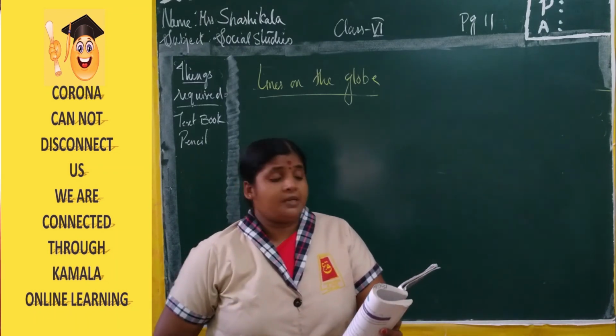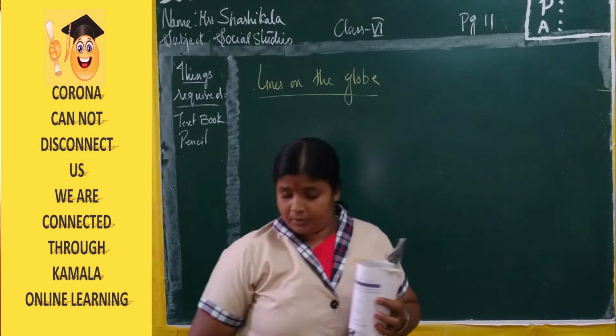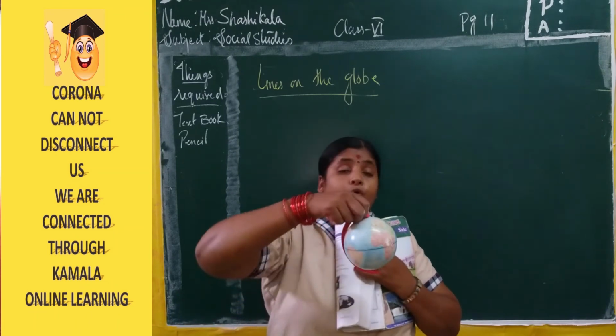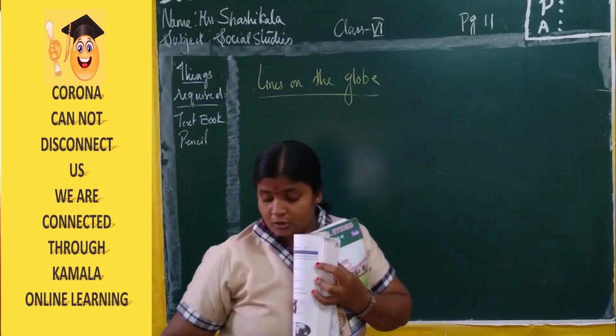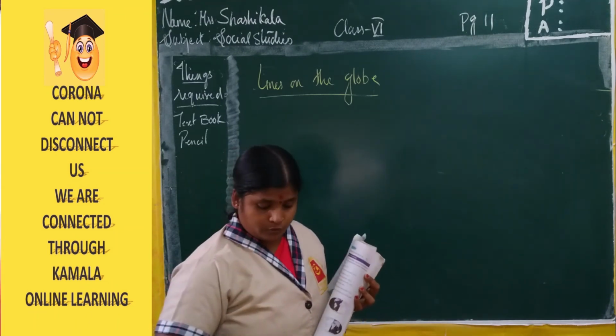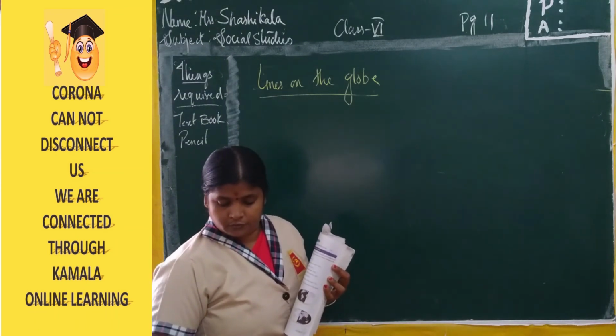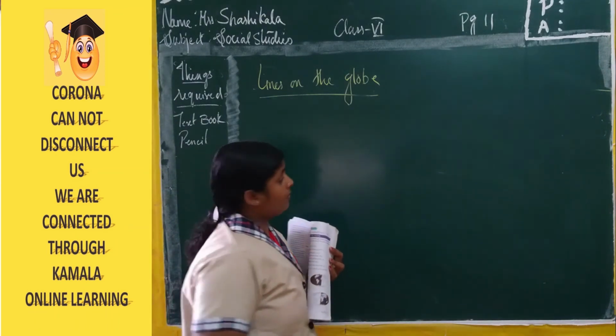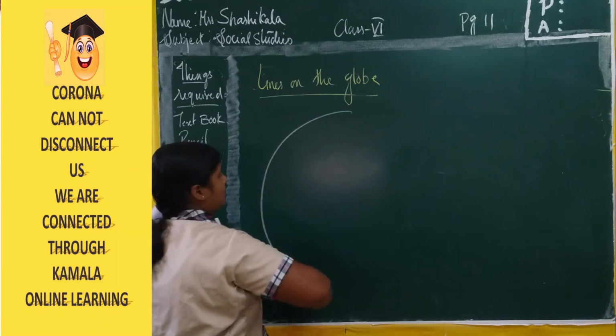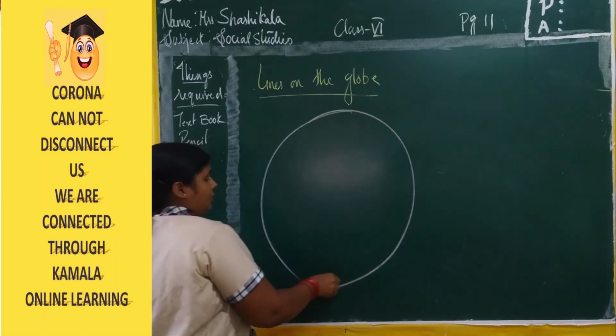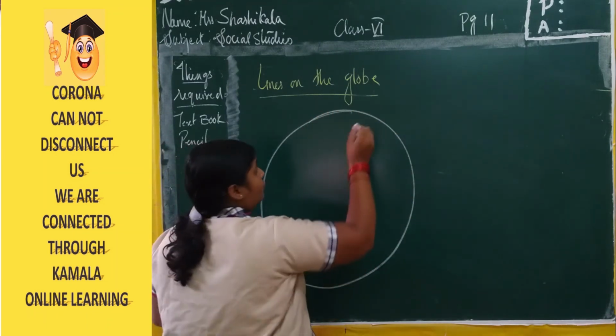Here, you will see many lines across the globe. On this globe, you can't see them, so I am going to draw the globe on the board. Right? This is a globe. And how many directions do we have? Four.